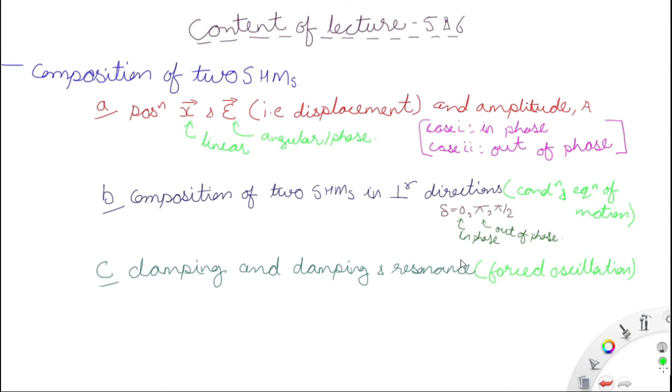In damping the amplitude decreases and in resonance the amplitude increases. Both damping and resonance are caused by external forces, so this is also called forced oscillation.